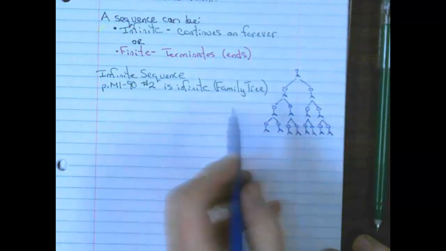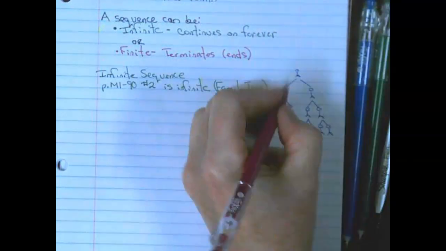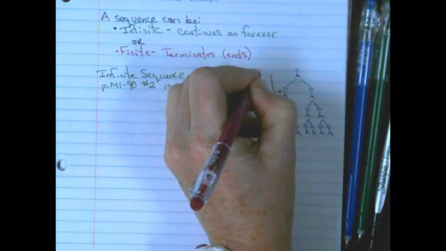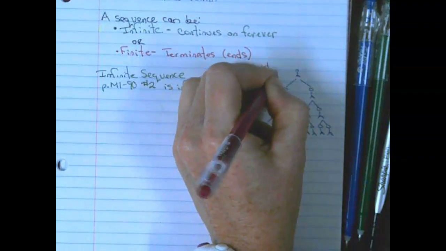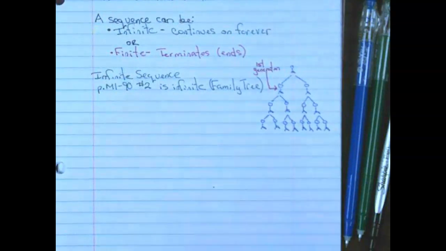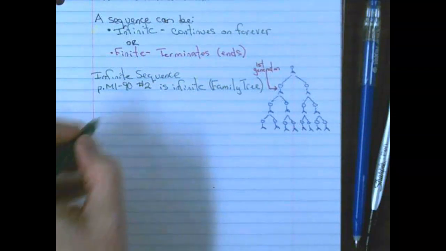Okay, so each one of these represents a generation. We're going to call this one here our first generation. And we're going to put this information in a table. So we're going to start with our term number, which is the number of generations.